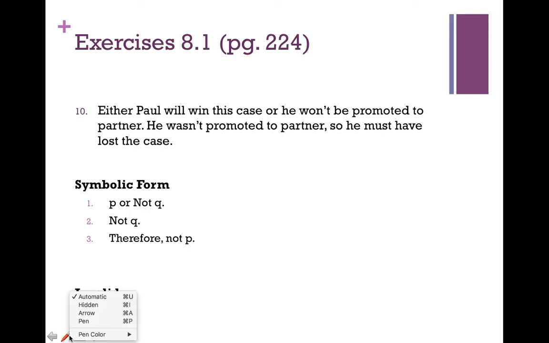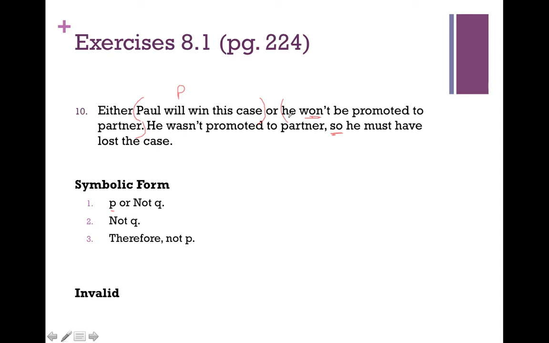Now, this one's a little tricky, and I want to talk about it for a second, but let's look up here at the component propositions. We have one right here: Paul will win his case, or he won't be promoted, notice the won't, to partner. If we let P represent Paul will win his case, we have it written in the first part of our disjunction. Then we notice the conclusion right here, so he must have lost. Well, that's the opposite of P, so we know the conclusion is going to be not P, so we could already mark that in if we wanted.